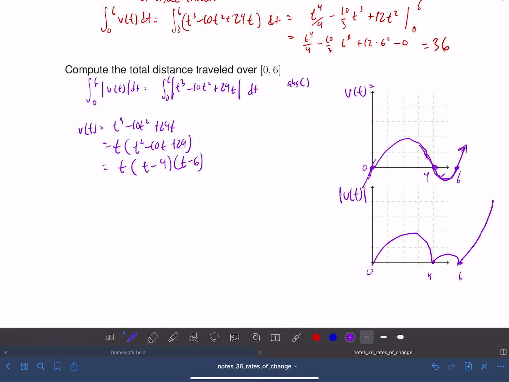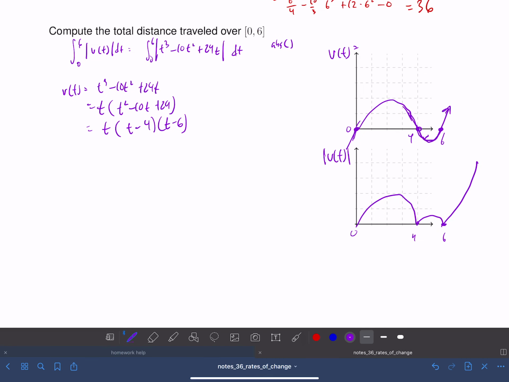So I'll be very explicit. The integral from 0 to 6 of the absolute value of t cubed minus 10t squared plus 24t dt is equal to the integral from 0 to 4 of just regular v of t.